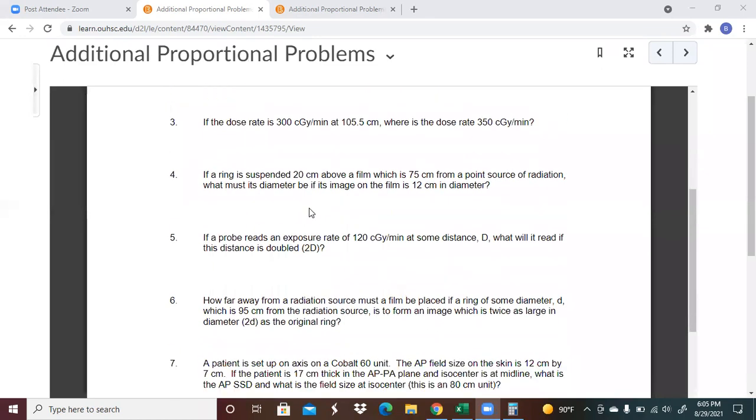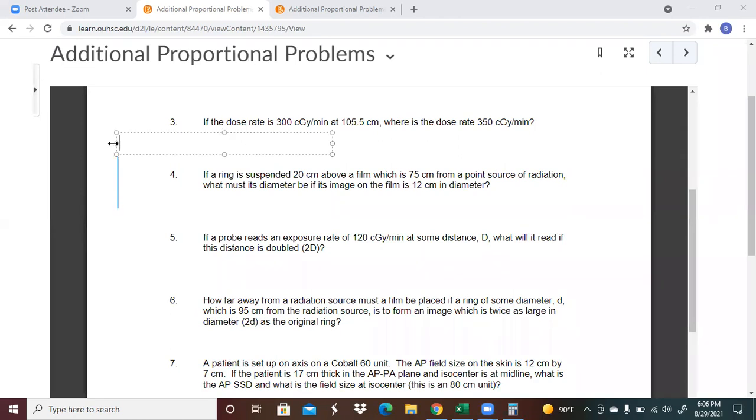All right, let's take a look here at number 4. If a ring is suspended 20, okay, this problem here was not written very well, or at least it's not clear. The ring is suspended 20 cm above a film. Now, what this should be telling you, I know it's not clear, because I worked through it and ended up making some mistakes. So we've got the point source here, and the ring.